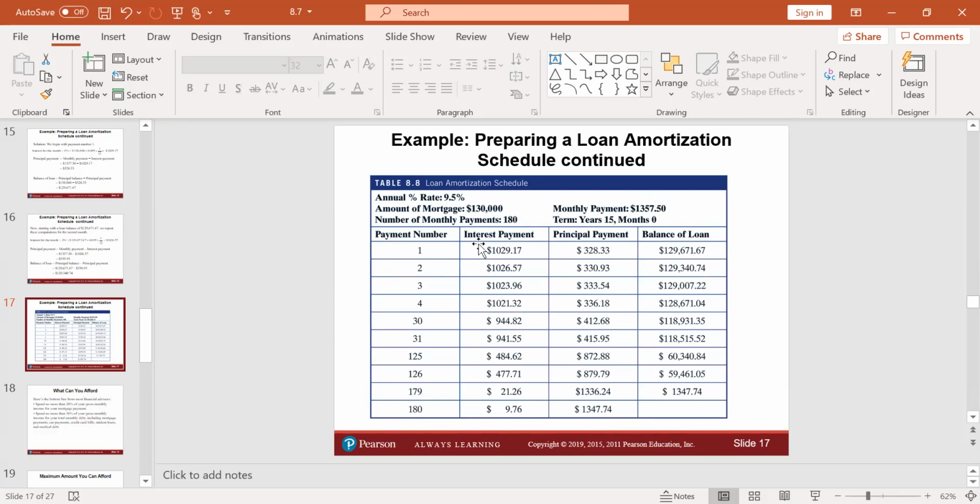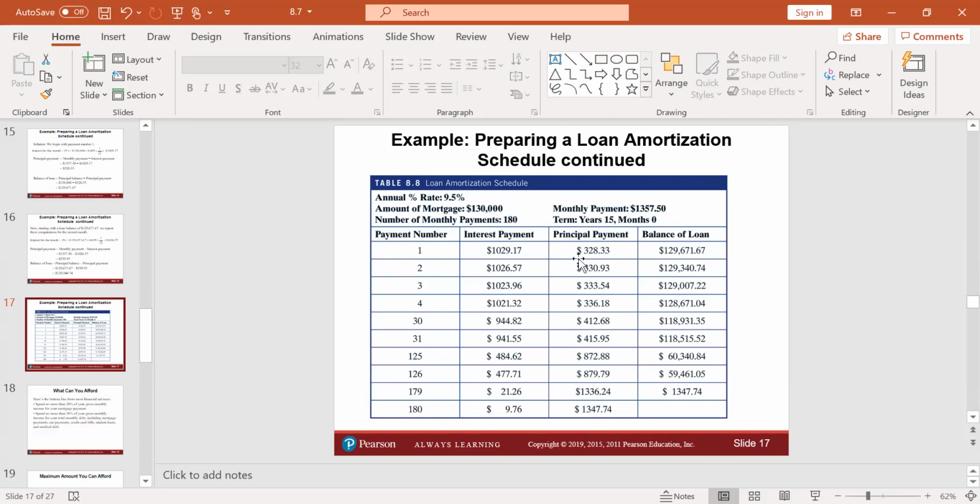What happens is that over time, you're constantly paying off more and more of the house, so the amount of interest in each of your payments goes down over time. So look, your first payment, out of $1,357.50, $1,029.17 went to interest, which sucks.